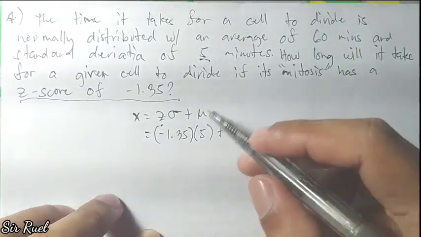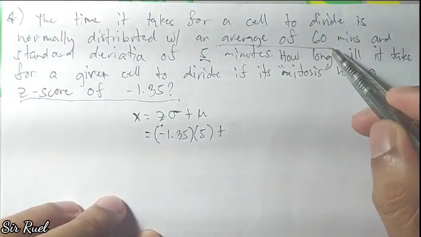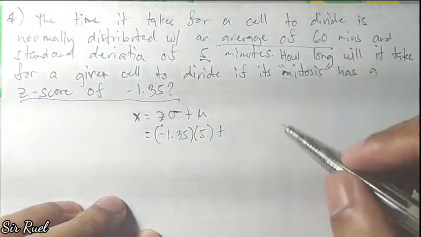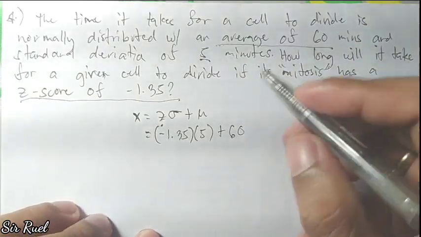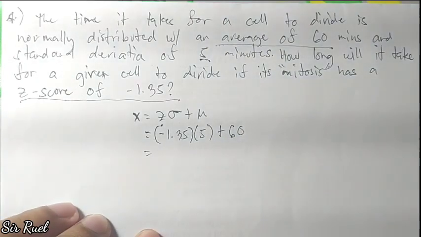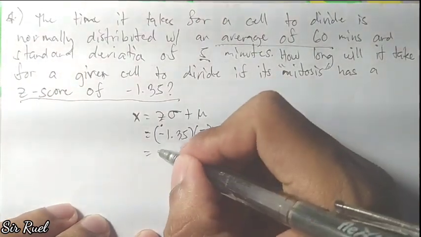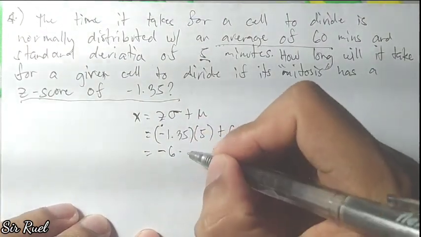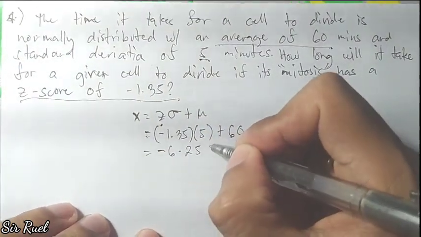Plus average of 60 minutes. So yung mean natin is 60. Simplify lang natin, negative 1.35 times 5 is negative 6.75.